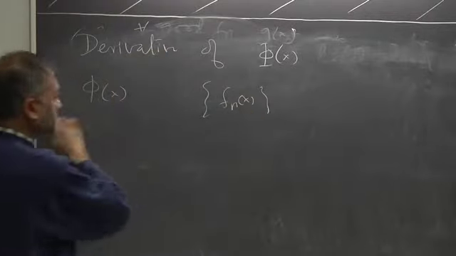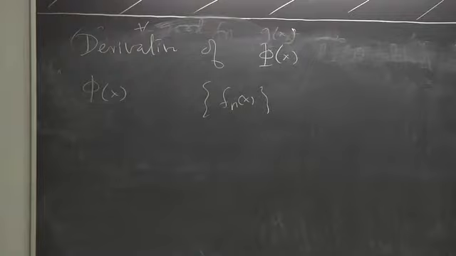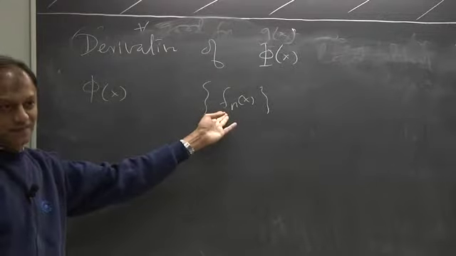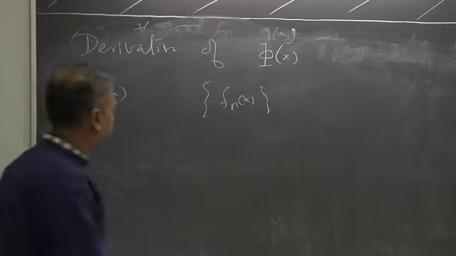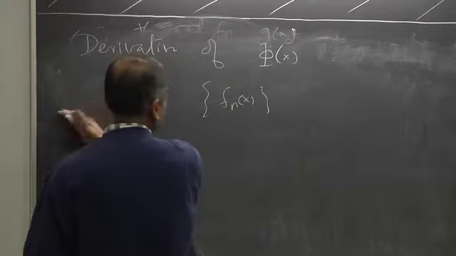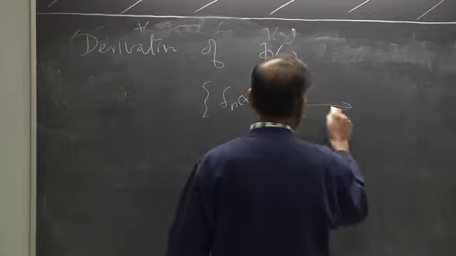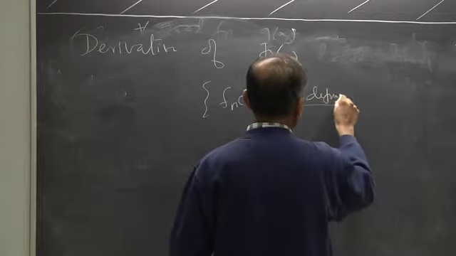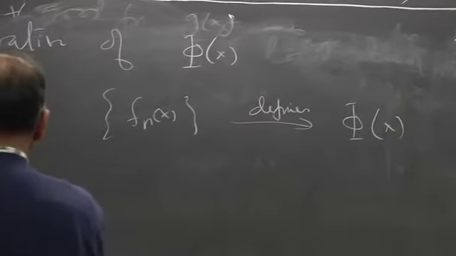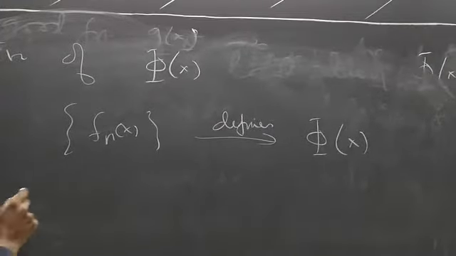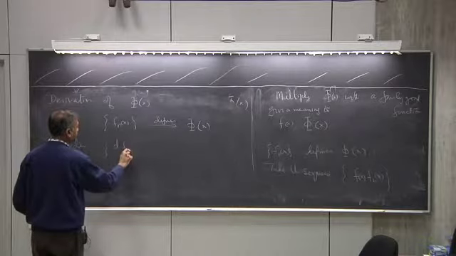This sequence defines to you this generalized function phi(x). Then the obvious thing you will try is to take the derivative of these functions and consider the sequence of those. So let me say this sequence defines the generalized function phi(x). Then consider the sequence df_n(x)/dx.